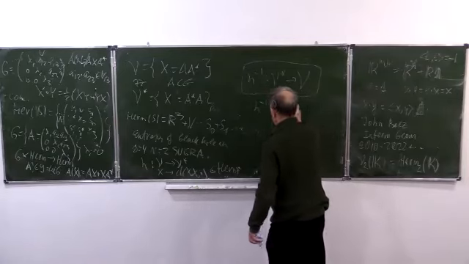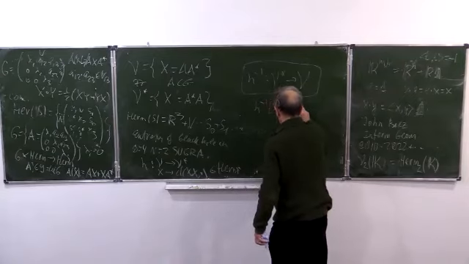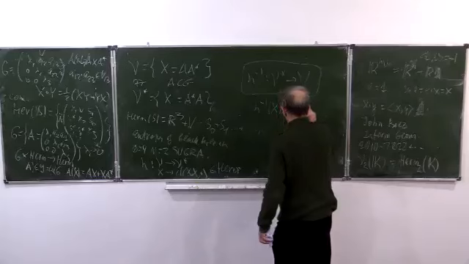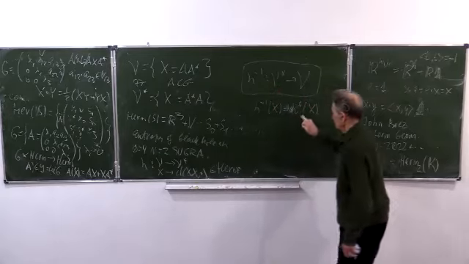So H minus 1 of X equals H star of X with some function lambda of X, which we can calculate.